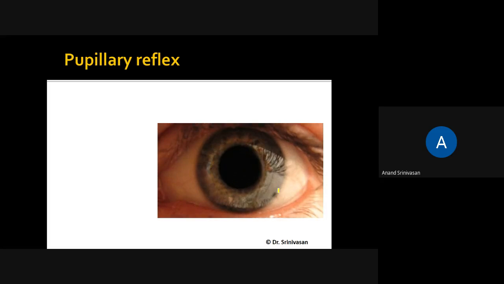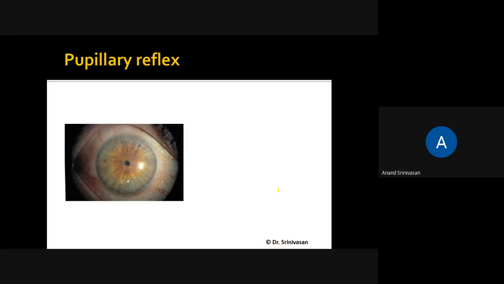Now coming to this part, what do you see here? Here you can see the pupil is constricted.